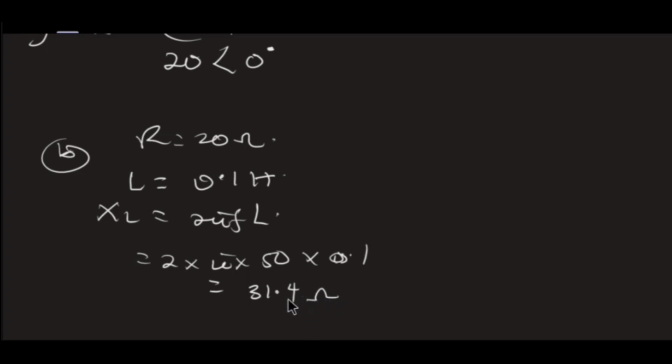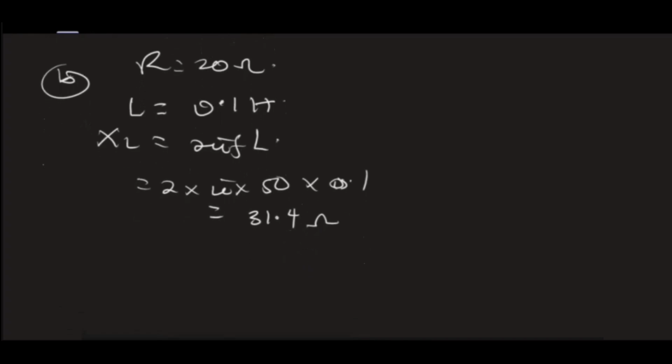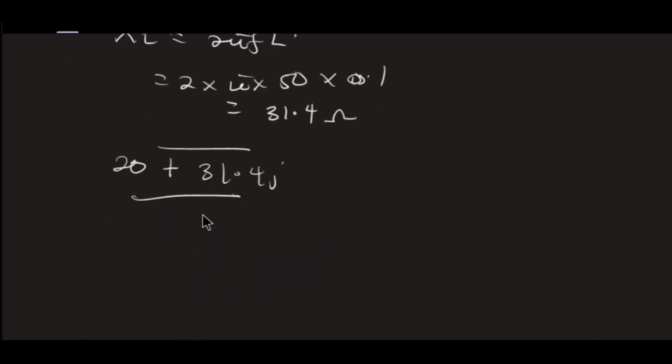Once I have this, you know that the inductive reactance is taking the positive imaginary part. So I'm going to have the 20 taking the real part plus j31.4. So this becomes the rectangular form. And now, what will be the polar form? The polar representation will have the magnitude of this.